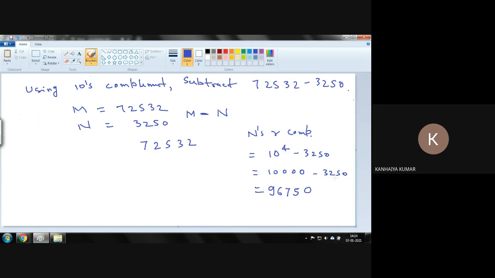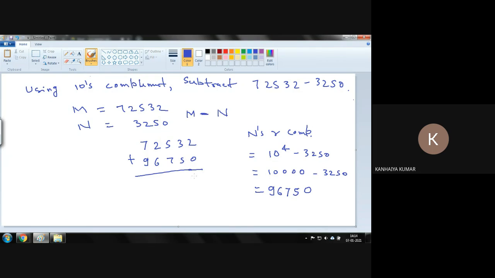If we add 250 to this, it will become 97,000, and 97,000 plus 3,000 will become 100,000. So it is the complement of n, which is 3250. We are adding it as a first step. It was told that whenever m is given, you have to add the complement. So it is telling you to use r's complement. So add 9, 6, 7, 5, and 0. So what is the answer?